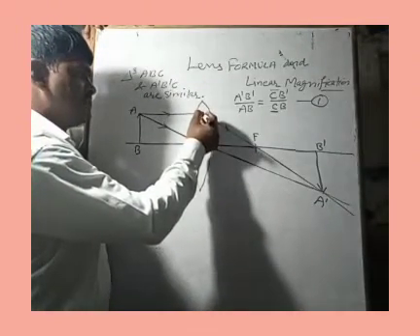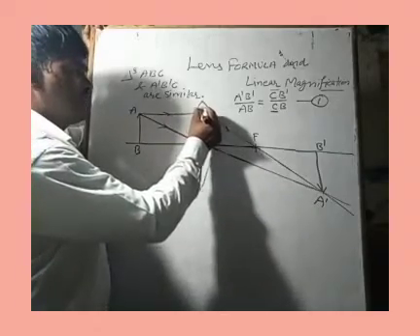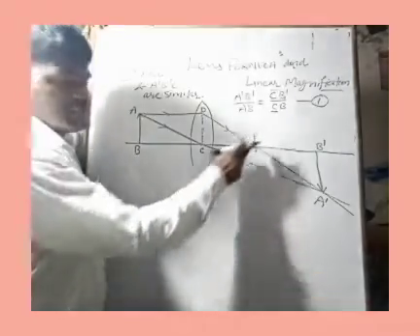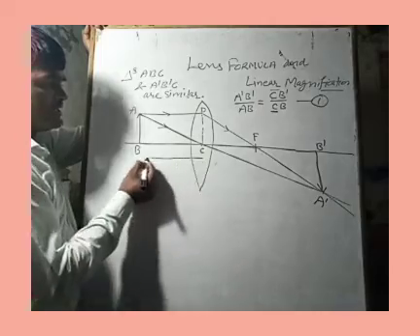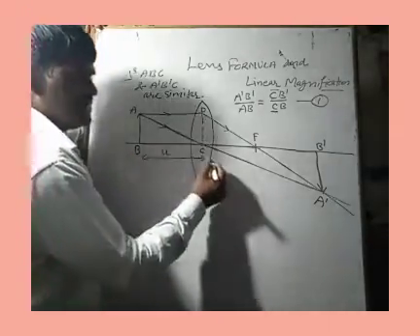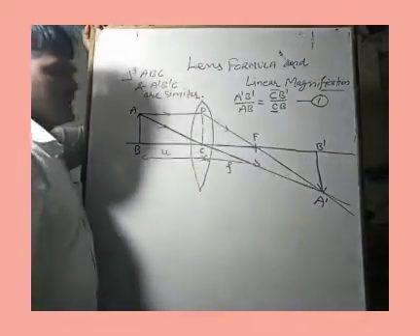Let's draw this line and name this point D. Okay, my dear student, this point is F. Then the distance of the object is u over here. From C to F, this distance is known as the focal length.